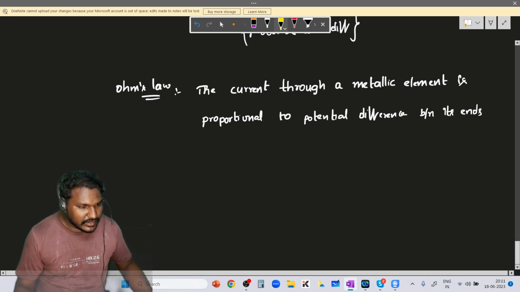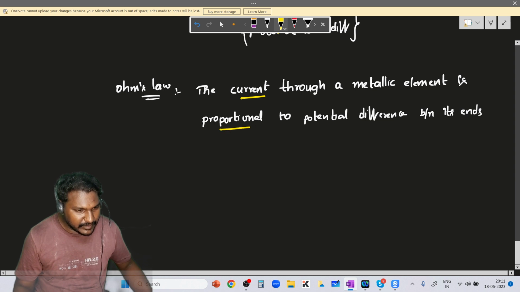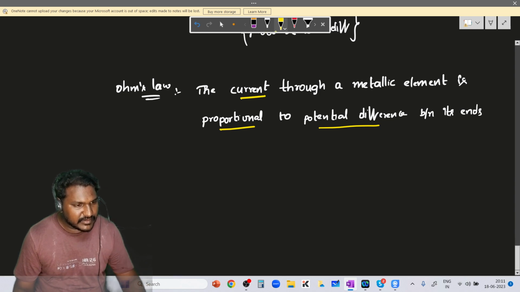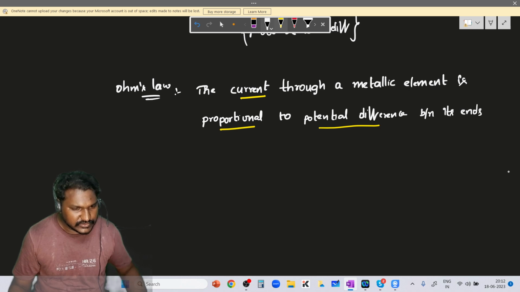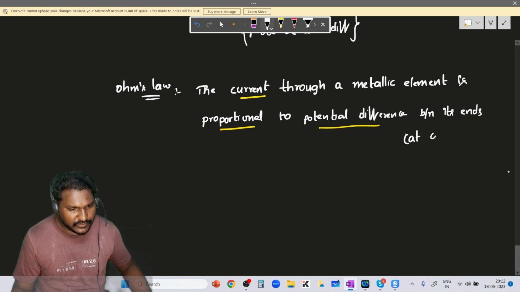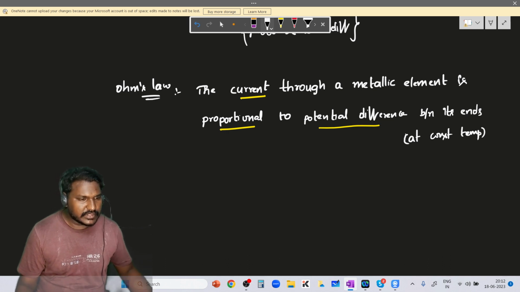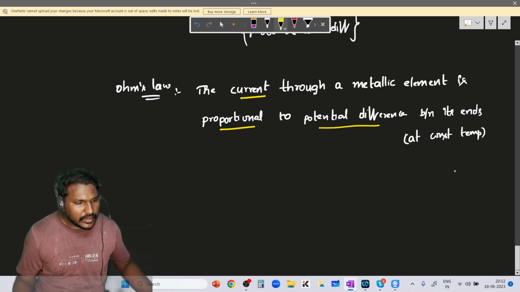Current is directly proportional to potential difference, and here there is one condition: provided there is the same constant temperature. Temperature should not change in between. So at constant temperature we have to add the term. The current through a metallic element is proportional to potential difference.